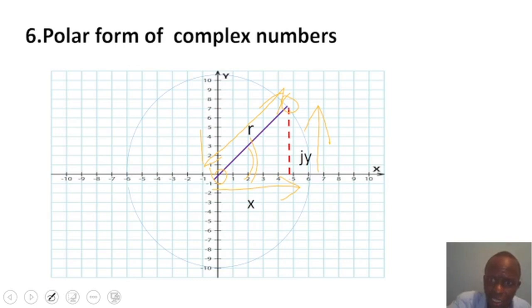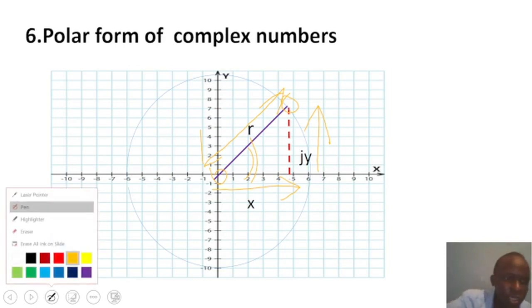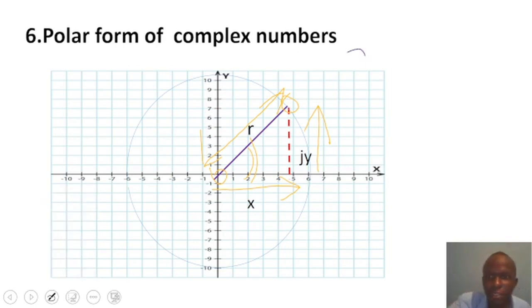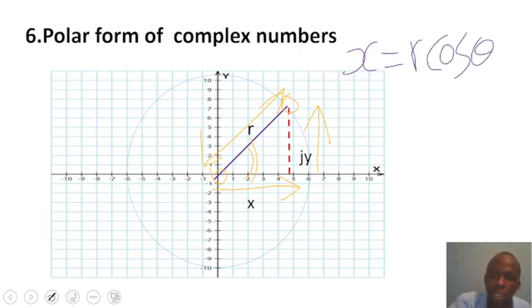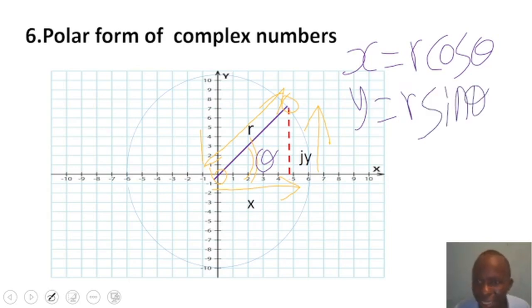So we can see that the x component is equal to r cosine of theta. Let's say this angle is theta, and y is equal to r sine theta. Why are we saying y is equal to r sine theta?